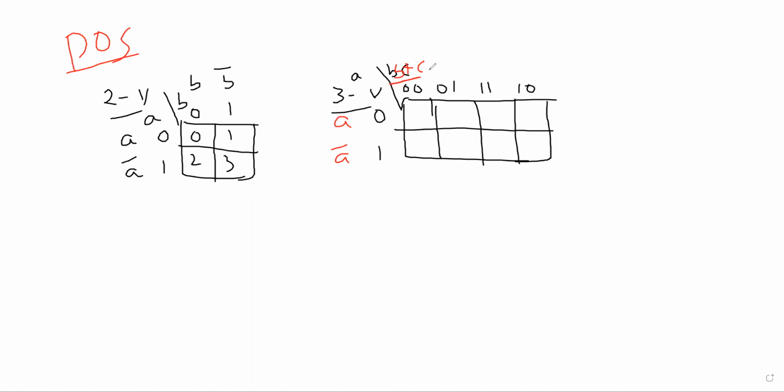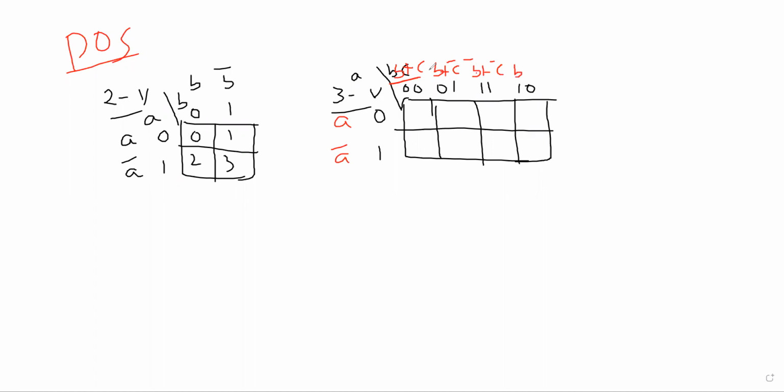It is not multiplication here. Now it will be B plus C bar, B plus C complement. Now it will be B complement plus C complement.